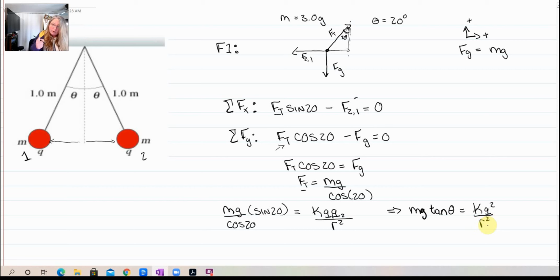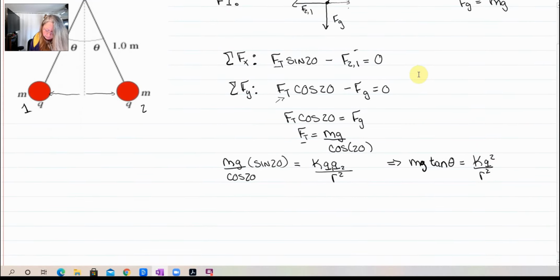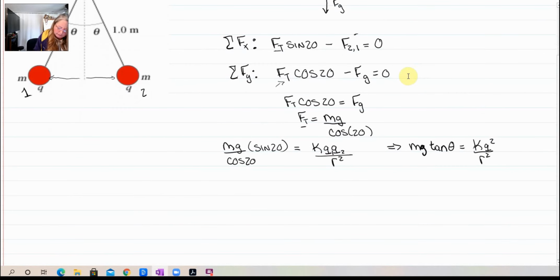Cool. I want q. So all I need to do is move my radius and my k to the other side of the equation. So r squared times mass times the acceleration due to gravity times tan of theta, divided by k, gives me my q squared.